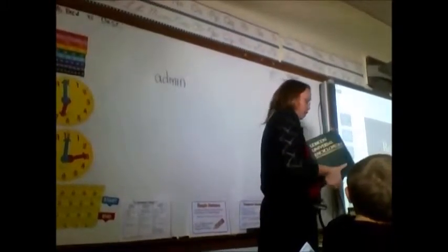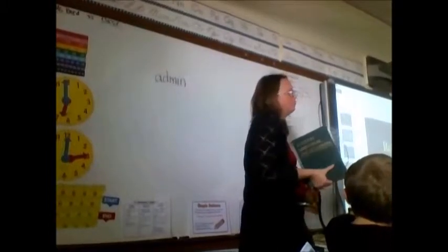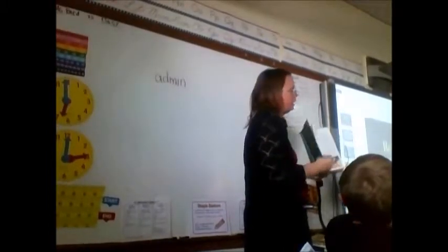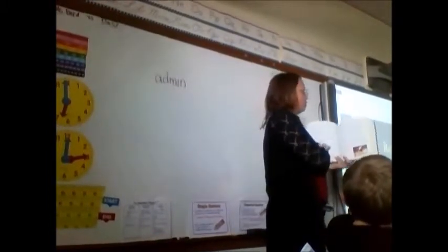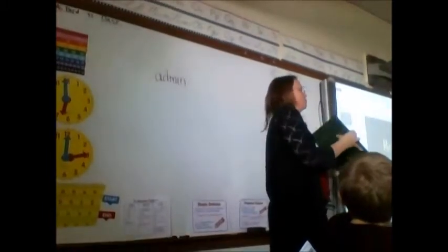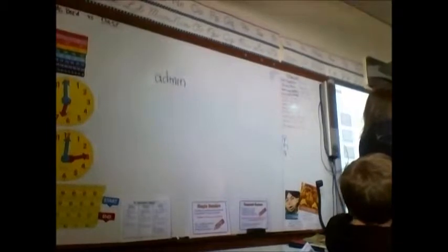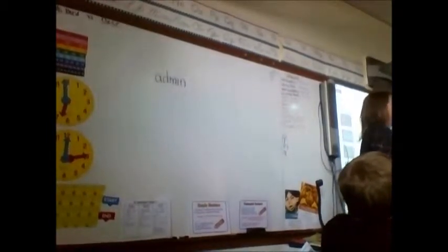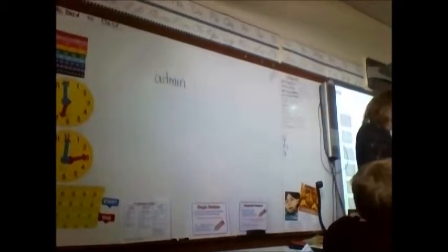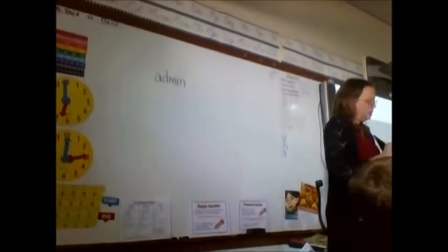which, most times, I'm going to bet you'll see an encyclopedia on the computer. This is actually a hard copy of the M's that I have here. What's an encyclopedia? An encyclopedia has lots and lots of information about like everything.